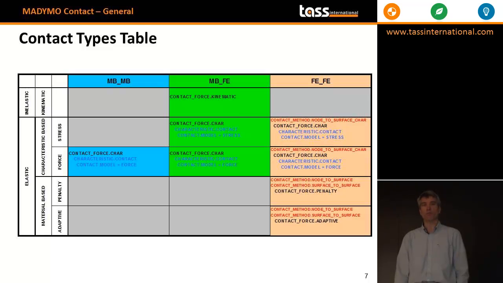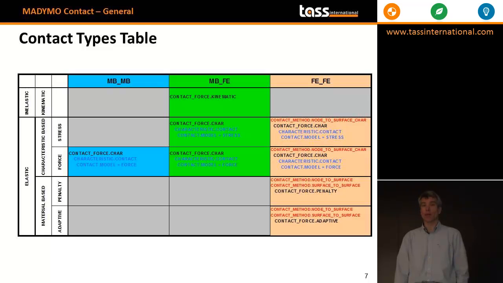Let's first start with the first column, MB-MB. It's an MB-MB contact, so an ellipsoid, plane or a cylinder to an ellipsoid contact, and the only type available is a force penetration contact. So that means independent of the contact area.